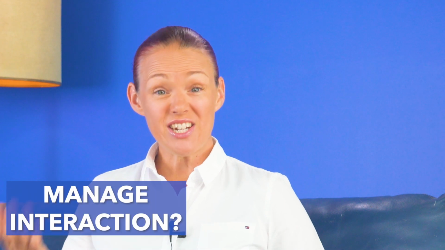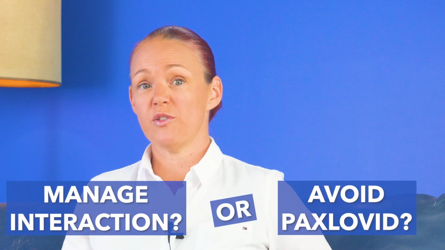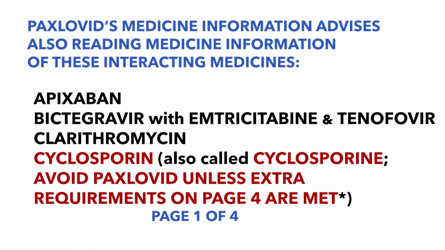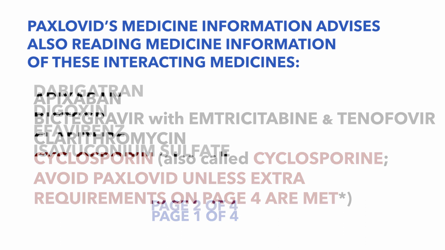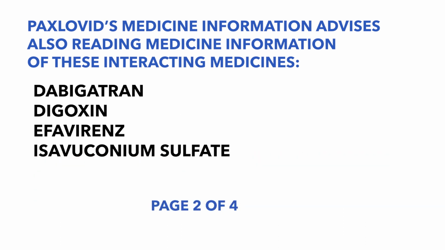This next list is interacting medicines for which Paxlovid's own medicine information advises reading the medicine information of the interacting medicine for advice about how to either manage the interaction or whether Paxlovid may need to be avoided for some people. And this will depend on things like what medical condition the medicine was prescribed for and the person's individual kidney or liver function.